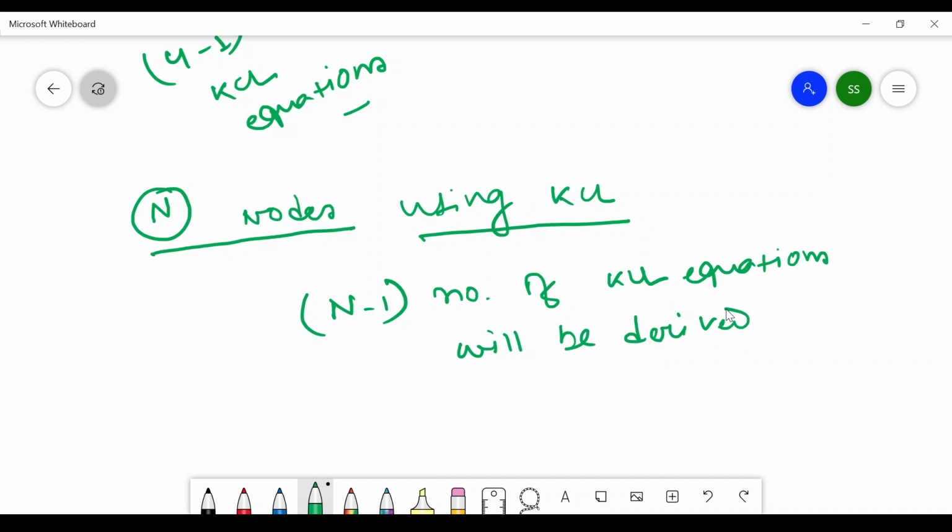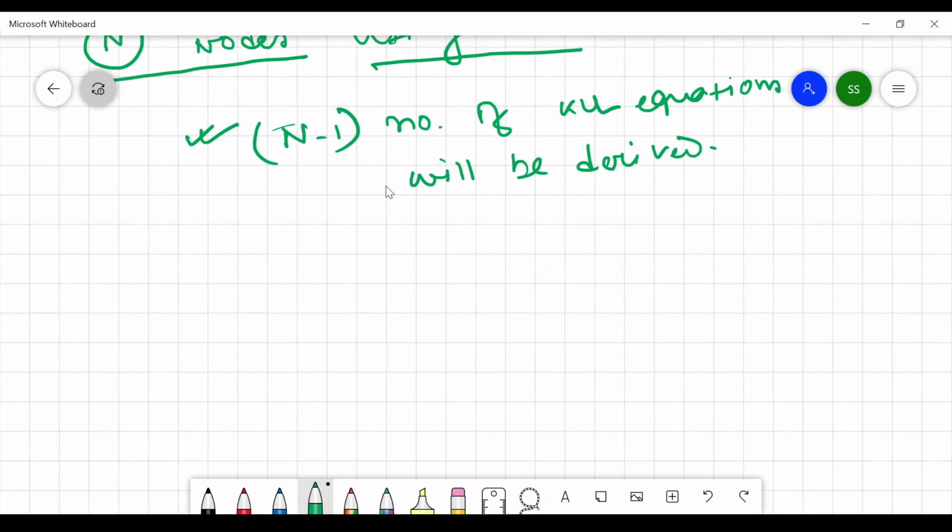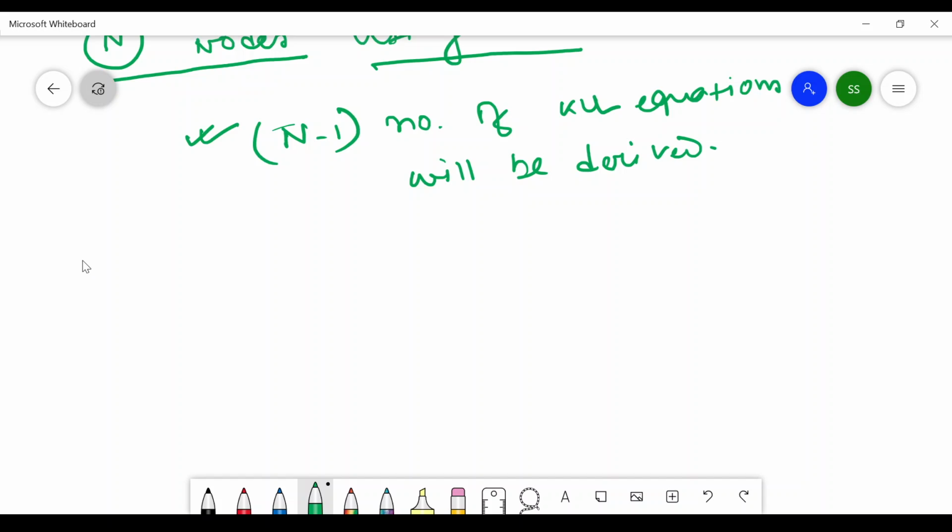From n nodes we get n minus 1 KCL equations. But you can see that to get 2b parameters for b branches, we still need 2b equations.